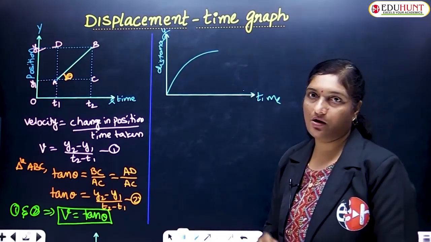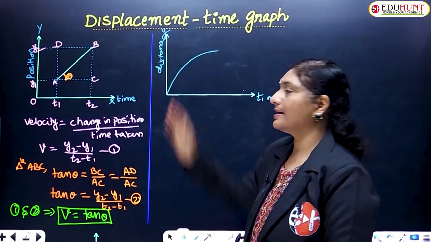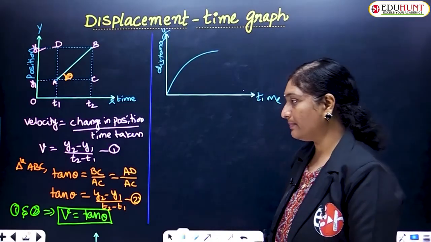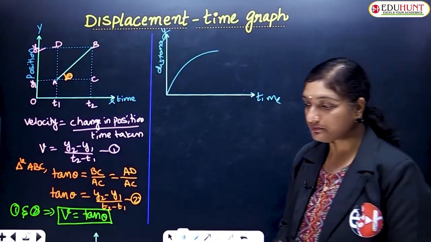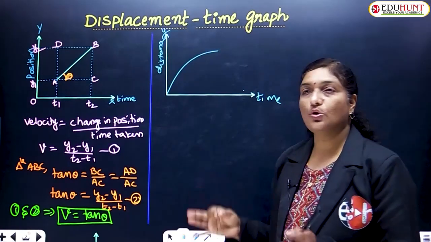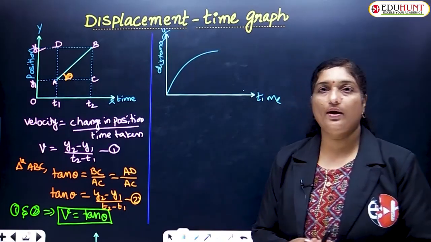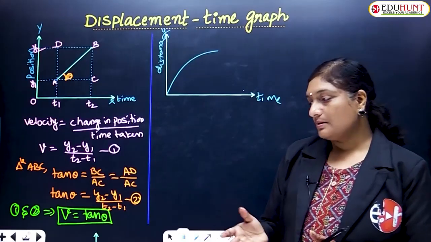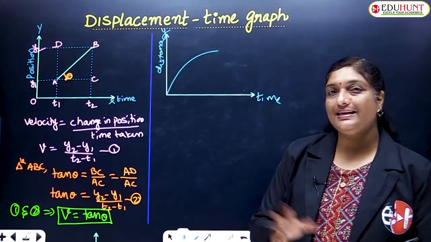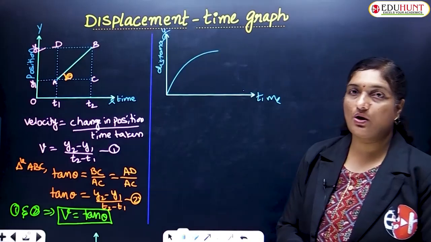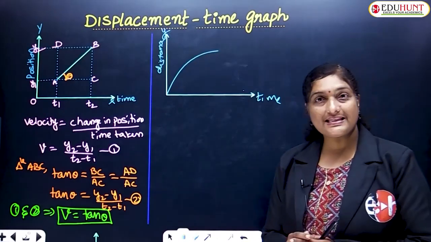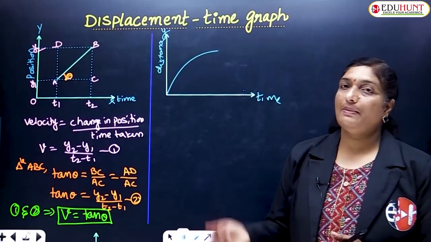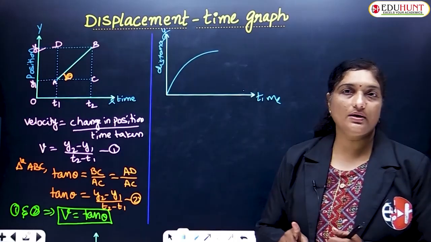Time is always taken on the x-axis and the position on the y-axis. But one thing you remember, children: distance means the total path length, whereas displacement means the shortest distance from the initial position to the final position. So distance is always positive, whereas displacement can be positive, negative or zero.